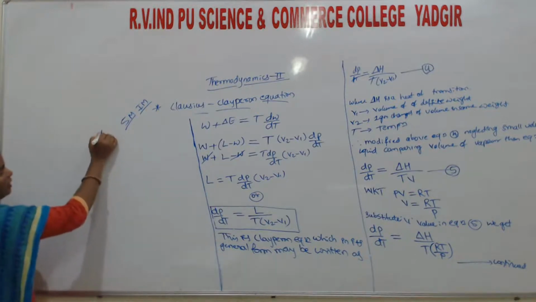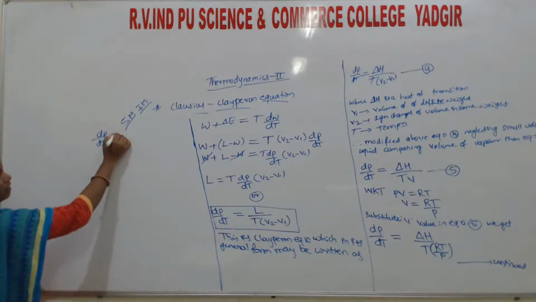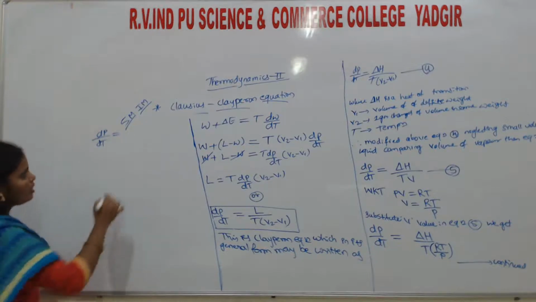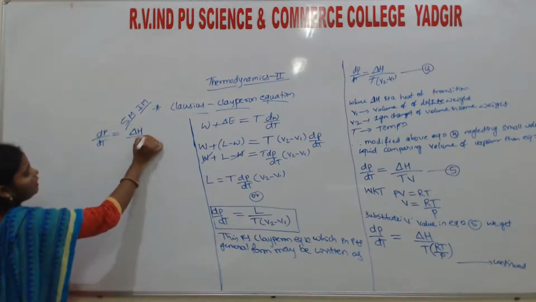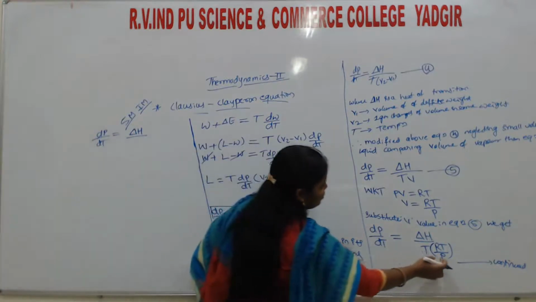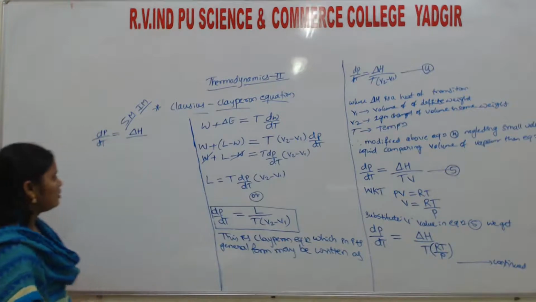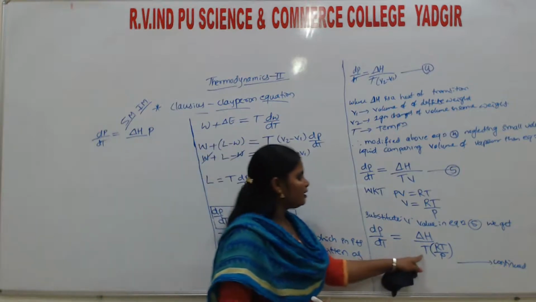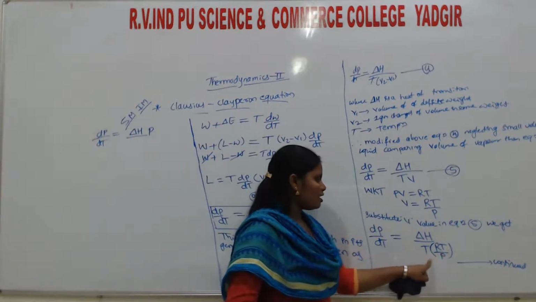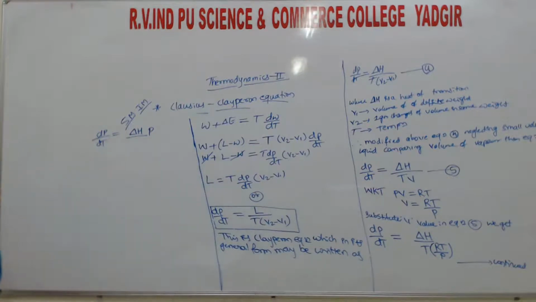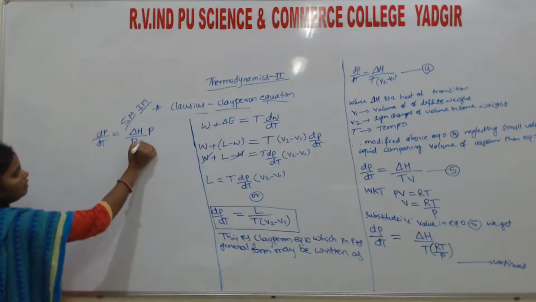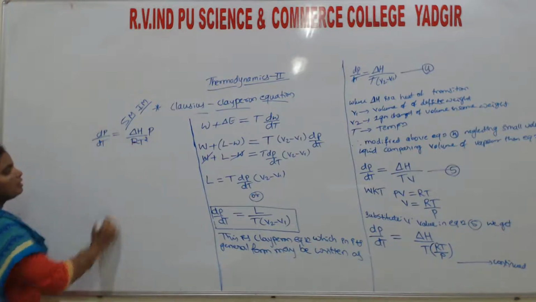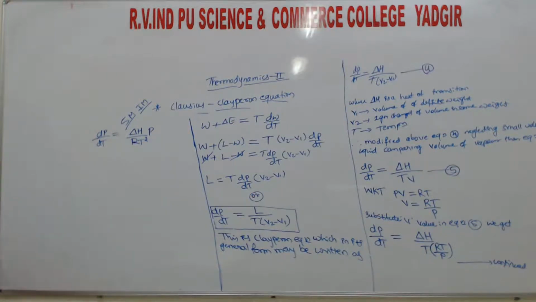See here, the equation is dP divided by dT is equal to delta H divided by T into RT divided by P, which goes to the numerator. Here delta H multiplied by P divided by T into RT, that is RT square. So dP by dT is equal to delta H P divided by RT square.